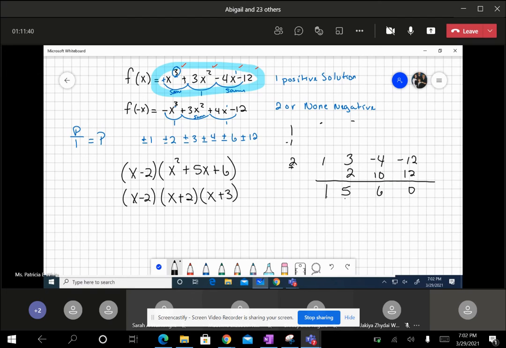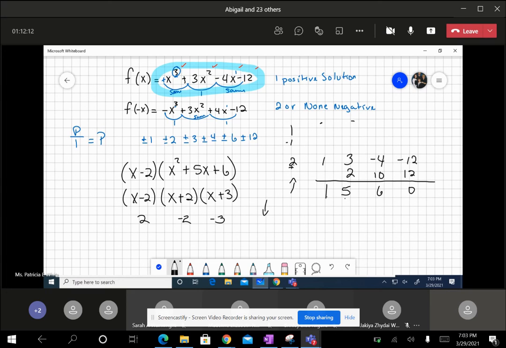So tell me about my graph, guys. What are my end behaviors on this graph going to look like? Up and down, right? My degree is 3, so it's odd, and it's positive, so one end is going to be going up and the other is going to be coming down. Where is it going to touch that x-axis? 2, -2, and -3.